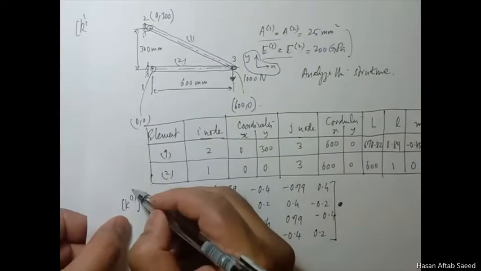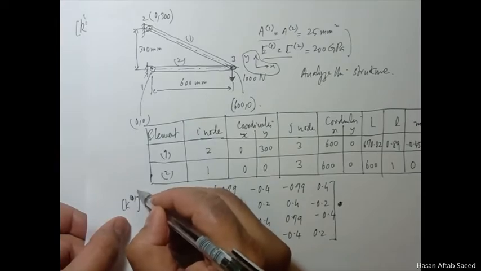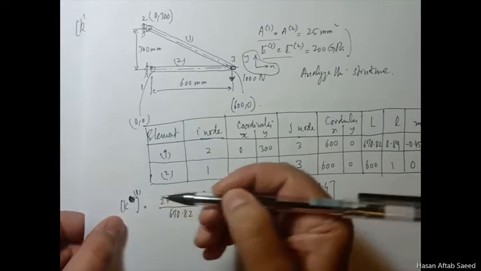If we simplify it, then this turns out to be, should also, just to show that this is the global coordinate system, K0 1.